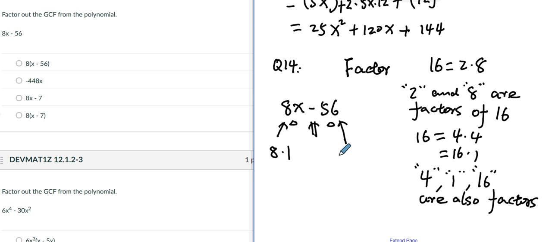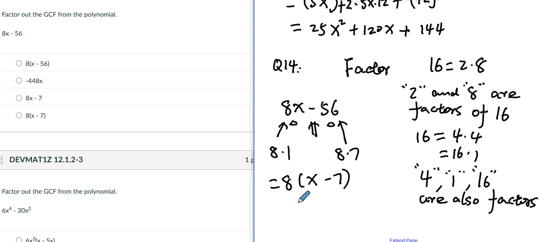And here, 8 times 7 is 56. So we pull 8 out. And then here, x left. Here, 8 is out, so we leave 7 in. Okay. That means factorization.